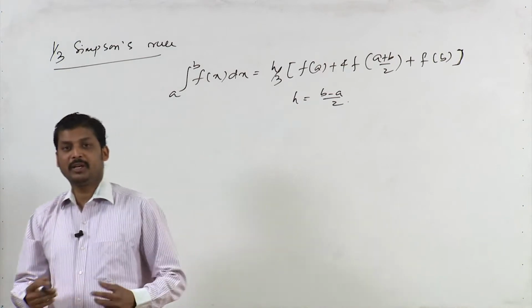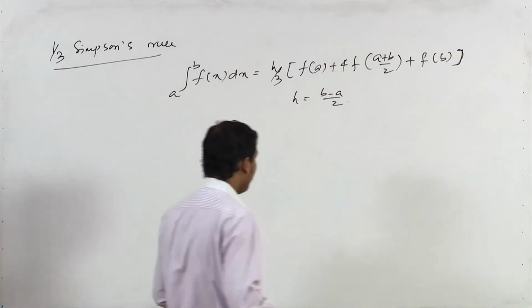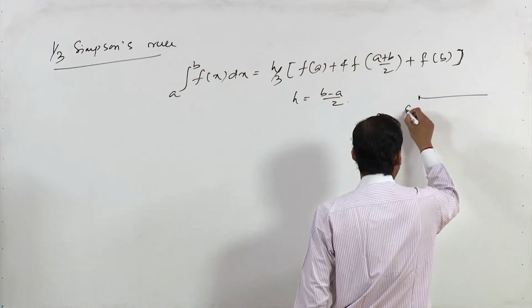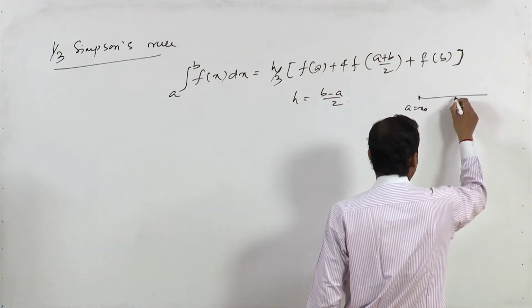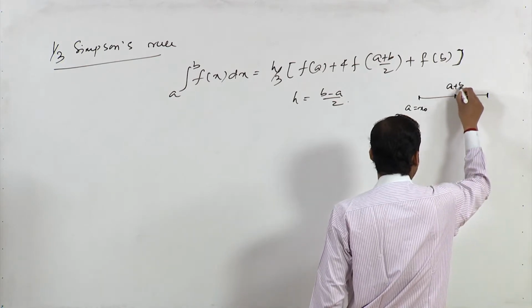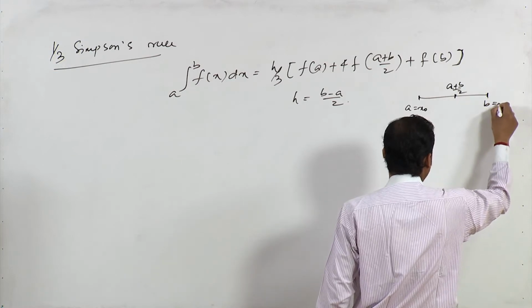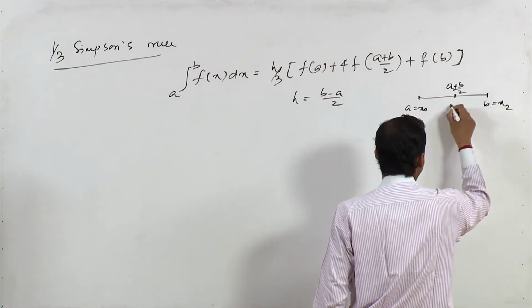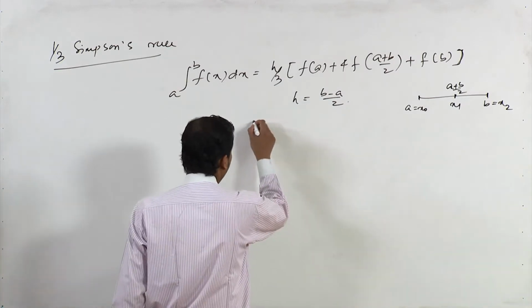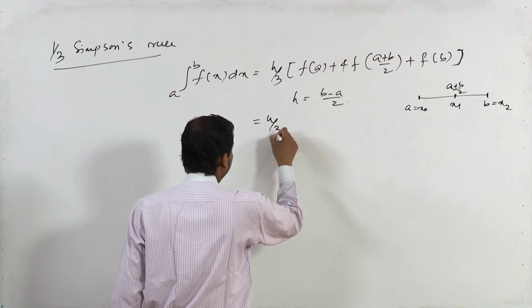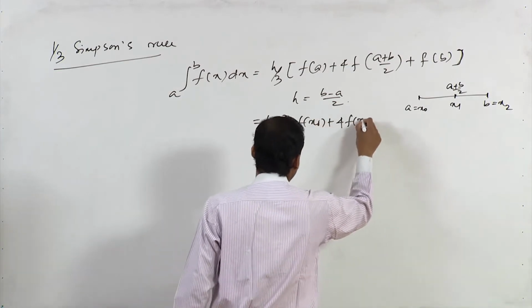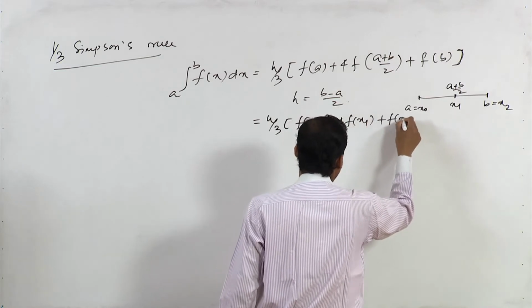Since we are dividing this total domain into two subparts, if our starting point is a equals x0, then the middle point is (a plus b)/2 and the last point b is x2. So the middle point is x1. Then we can rewrite this formula as h/3 [f of x0 plus 4 f of x1 plus f of x2].